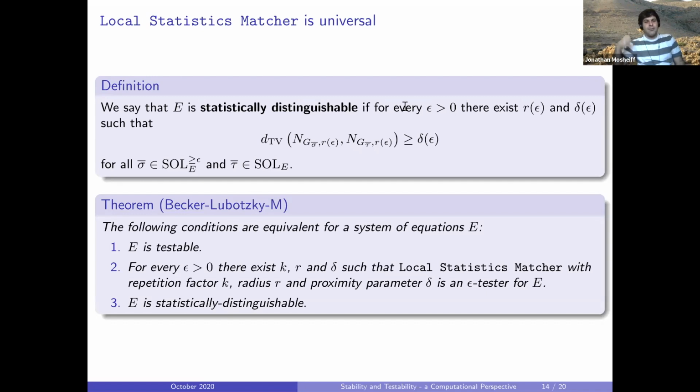Then that would have to mean that these equations are statistically distinguishable, and that implies that the equations are testable by the local statistics matcher. So essentially, the local statistics matcher is a universal testing algorithm. Any set of equations that's testable by some algorithm is testable by the local statistics matcher algorithm.